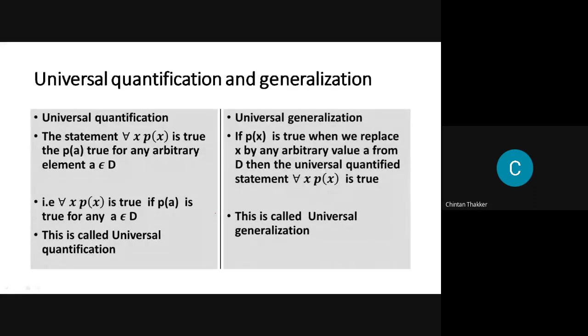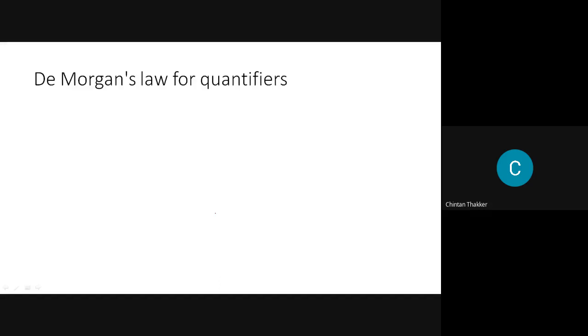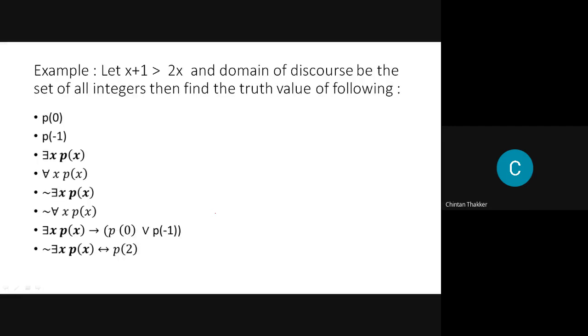And universal generalization is: if we have P(x) true when we replace x by any arbitrary element a from domain D, then the universal quantifier, that is for all x P(x), is true. This is called generalization. Okay. These are two statements: universal quantification and universal generalization. Then we have De Morgan's law, but we take this one after one example.